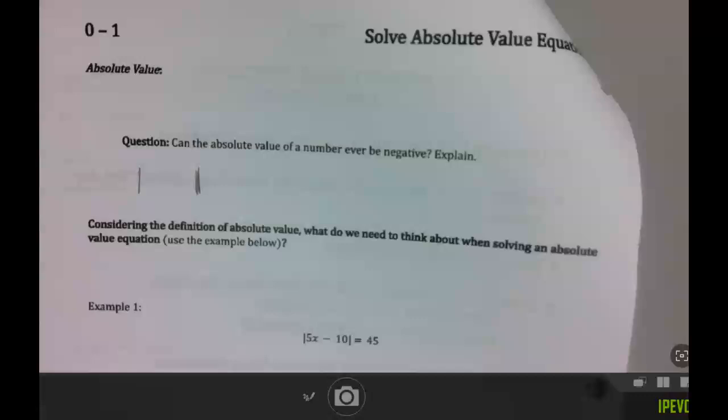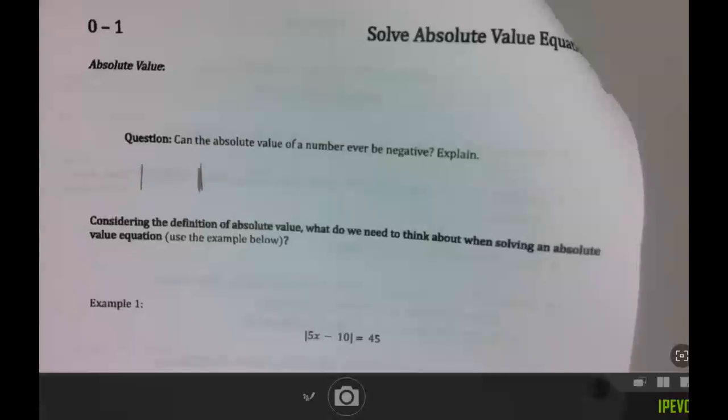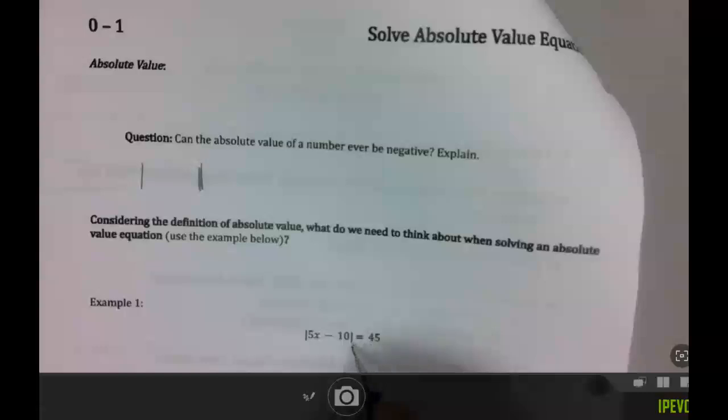So when we do an absolute value equation, we're always going to write two equations. Because distance can be 5 units to the right, 5 units to the left. So this first example, which is 5x minus 10, you will always write two equations like this.